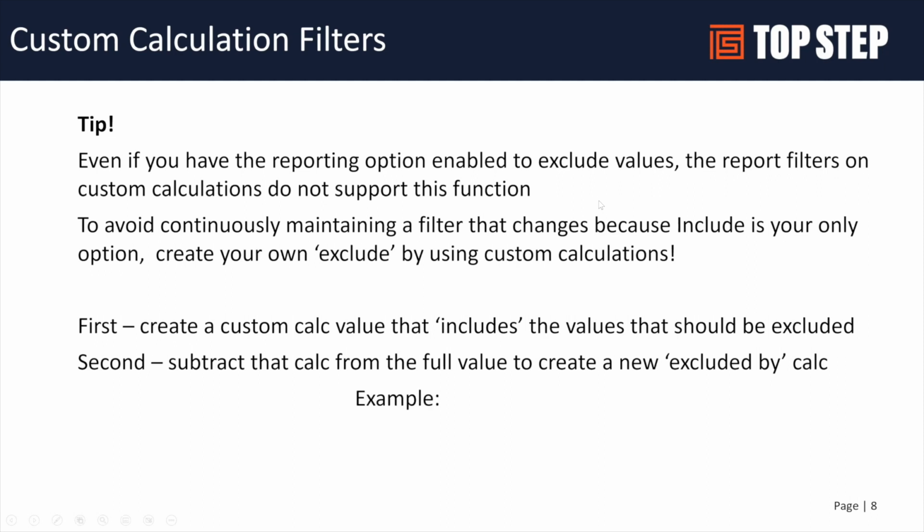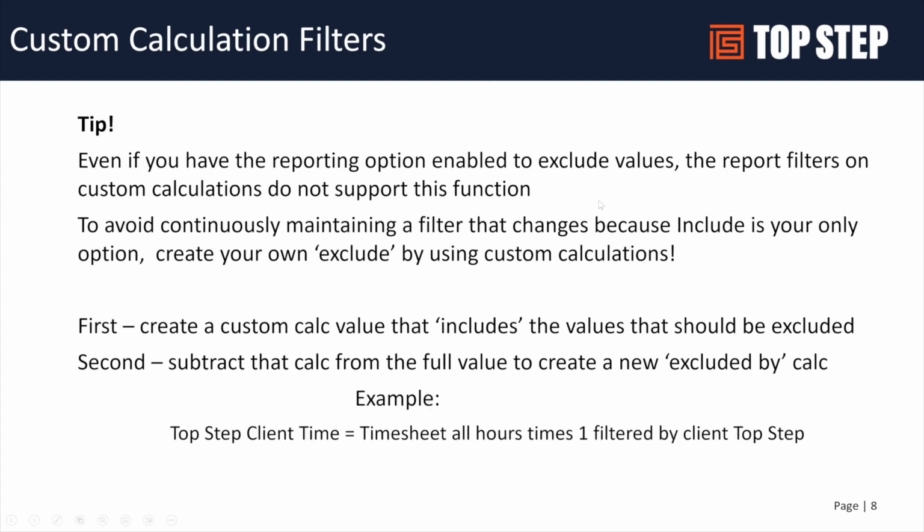So here's an example. I want to report on top step client time. I would want to exclude any time entered against top step projects, but you can't exclude. So my first calc would be timesheet hours times 1, and we'll talk about constants in a minute. You can create a constant and then filter by top step.